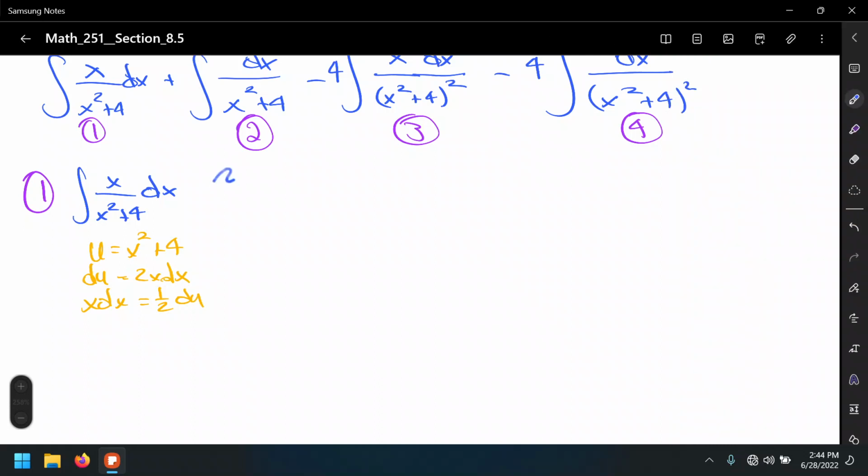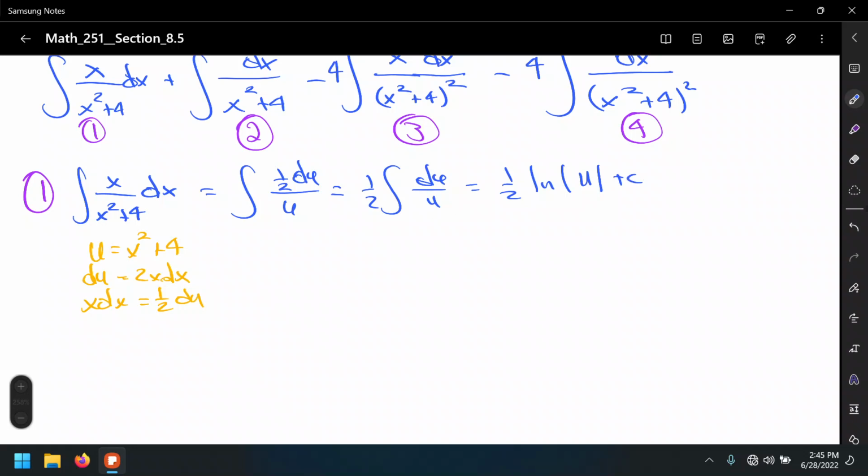Writing the integral, we get the integral of 1/2 du over u. That's 1/2 the integral of du over u, which is 1/2 ln of u. Well, potentially absolute value of u. But in this case, when we back substitute this 1/2 ln of x squared plus 4, we really don't need those absolute value bars, because this x squared plus 4 is always positive, so we're not in danger here. So that's the first integral.